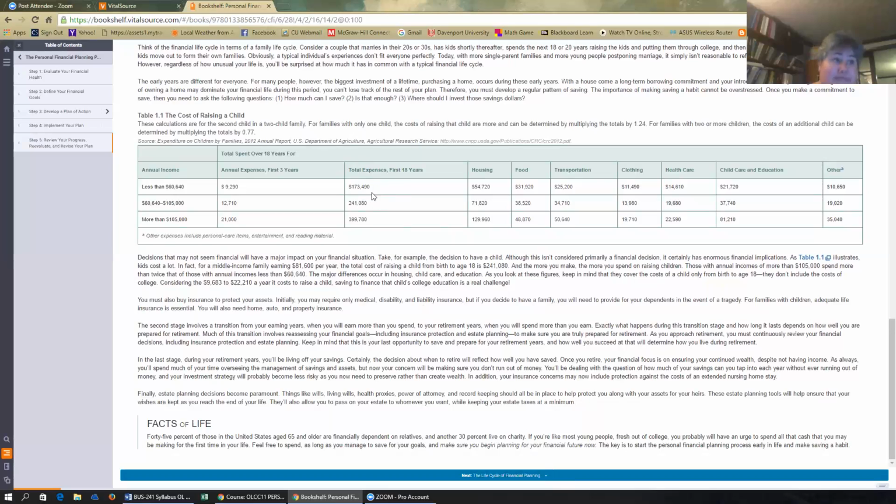Now, when I told you they'd laugh at it, I'm sorry, but these numbers are not what I spent per child by any means. Even if I were to really sit down and think about how much I spent on each of these areas, I think they're way out of whack. I can't imagine spending some of these numbers per child.